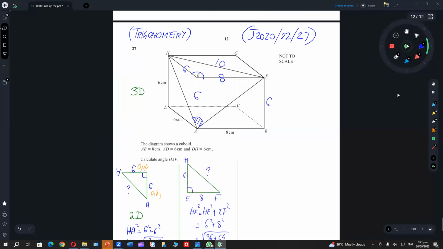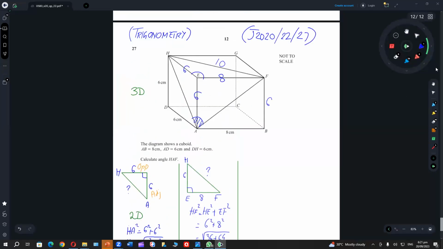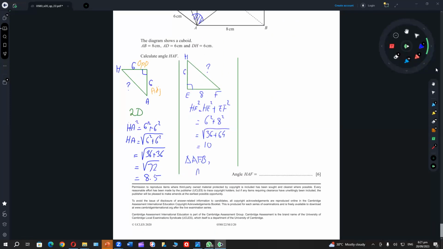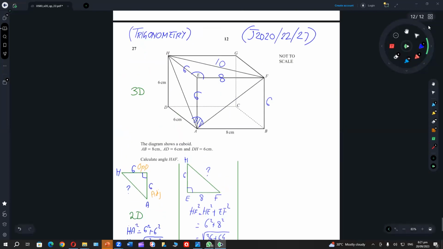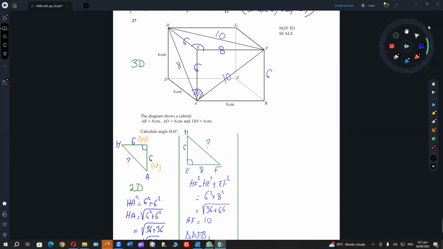So in triangle AFB the same two sides are there, so AF will also be 10. So this is 10 also. And yes, 8.5.